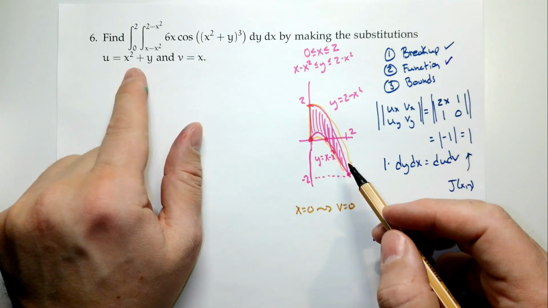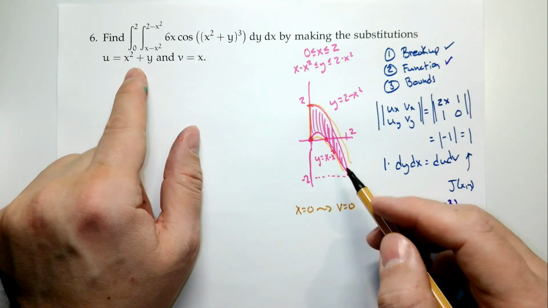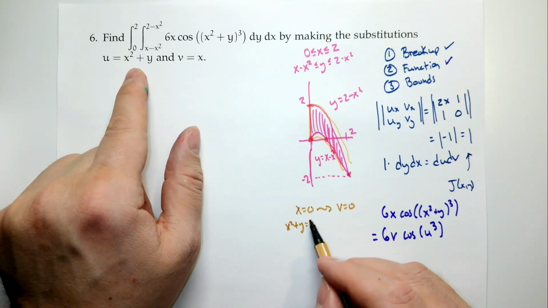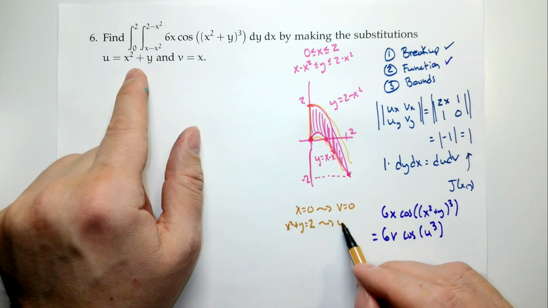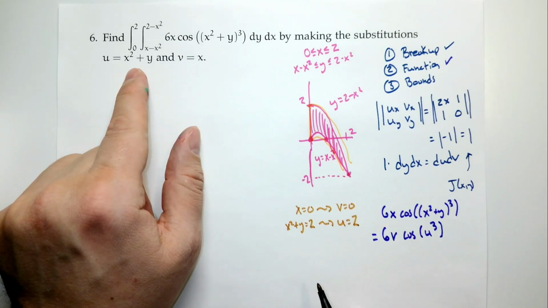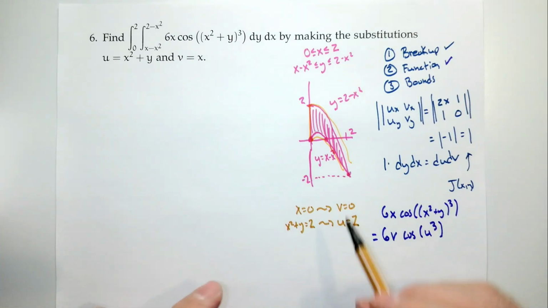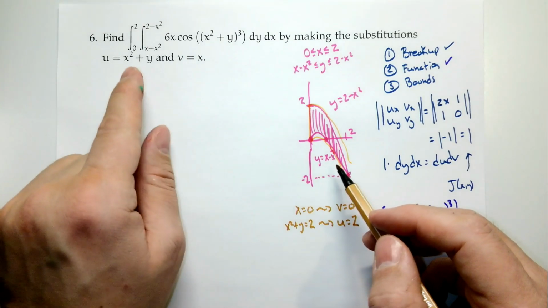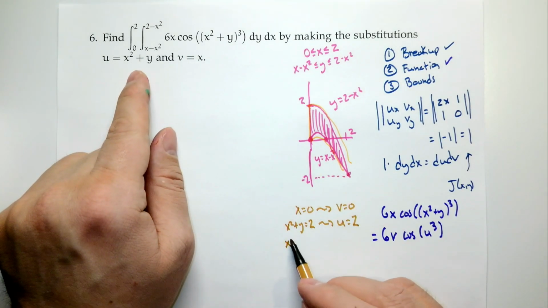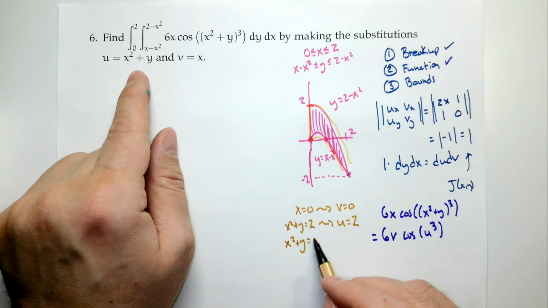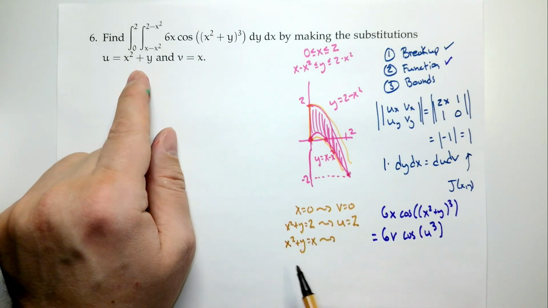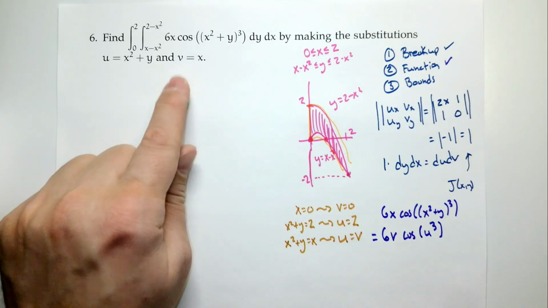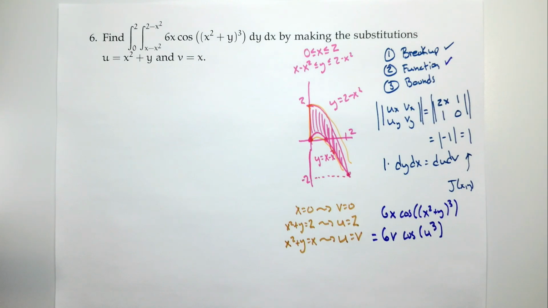I notice that there's this x squared plus y, so I can write this as x squared plus y equals 2, which says this becomes u equals 2. Our last curve, y equals x minus x squared. Again, I see that x squared plus y, very tempting, and I'm going to yield to that temptation. X squared plus y equals x. Well, x squared plus y is u, and x is v. So I can rewrite that curve as u equals v.